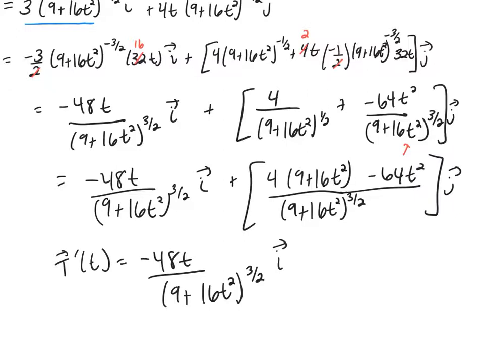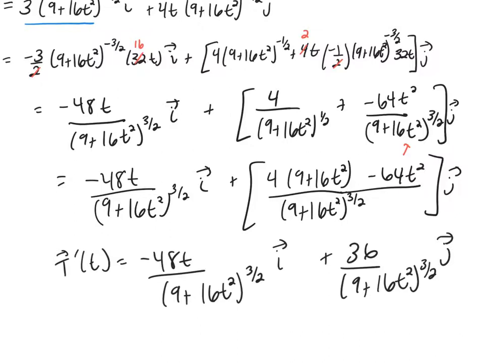And then in the j, we're going to be left with plus 36 over (9 plus 16t squared) to the 3/2 j. So there's T prime.